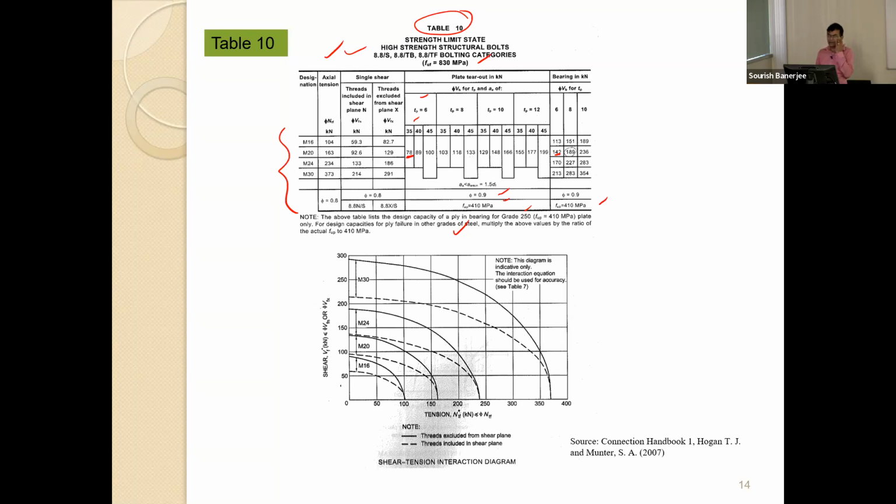That means if you have higher grades, you can easily increase the capacity using the proper FUP. And then we have this similar interaction diagram, and it says this diagram is indicative only. The interaction equation should be used for accuracy, Table 7. So everywhere it's recommended that you use the interaction equation.